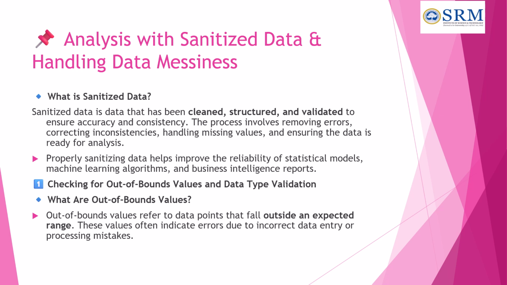One key step in this process is checking for out of bounds values, which are data points that fall outside the expected range. These unusual values often happen because of mistakes like wrong data entry or problems during data processing, so finding and fixing them helps improve data quality.